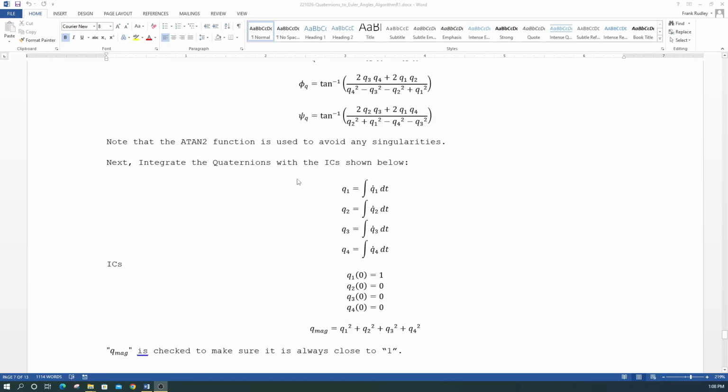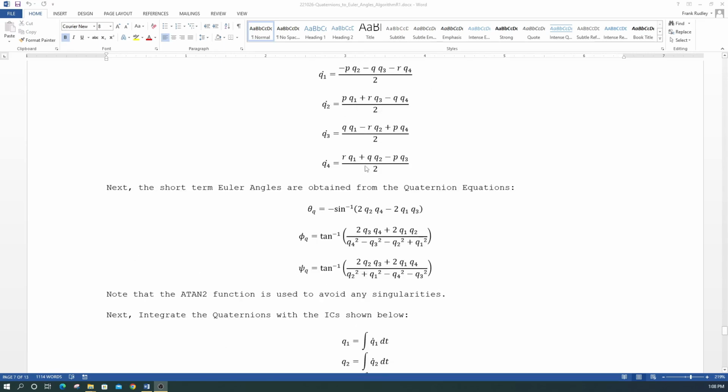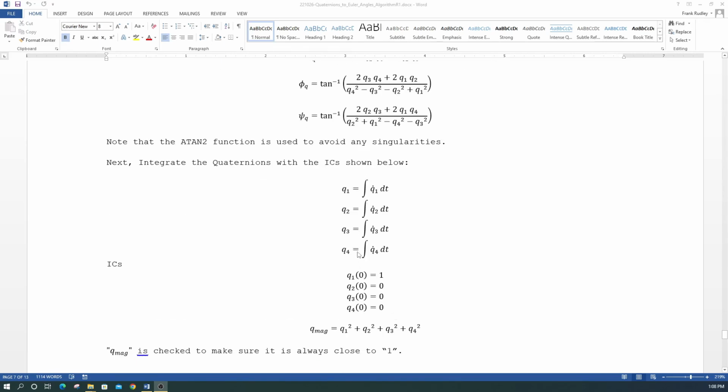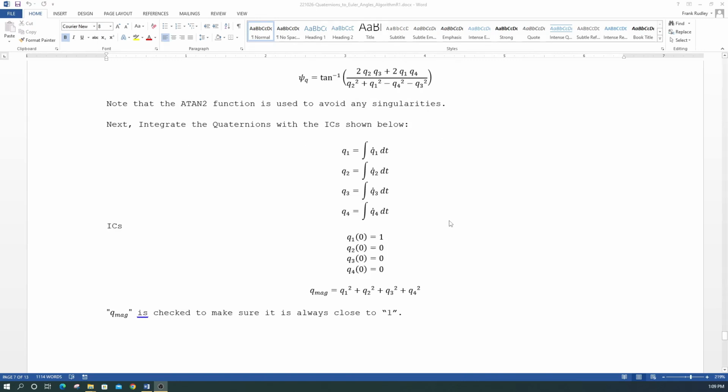So next, you have to integrate the quaternions with the ICs shown below. It's very important that Q1 at 0 time has an IC of 1, where the other ones are 0. So you take these four differential equations and then you integrate them. I like using the bilinear type of integration routine, where the trapezoid rule is what I like to use. Seems to work out pretty good when I do this in real time.